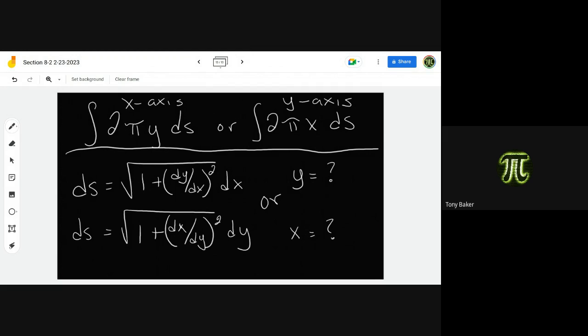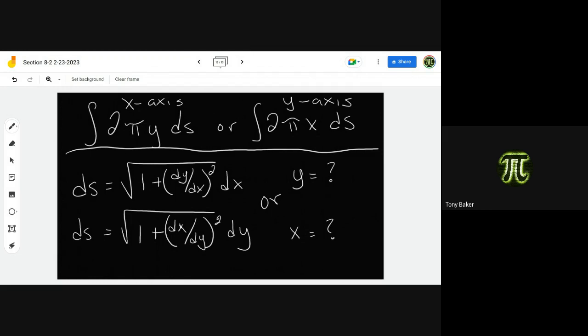I'm not changing that y. I'm keeping the y. Where if it was rotating around the x-axis and it was solved for y, that's a dx. That's got to be an x's, not y's. So I've got to replace it. Yes? No?